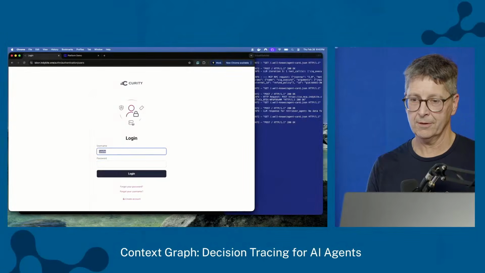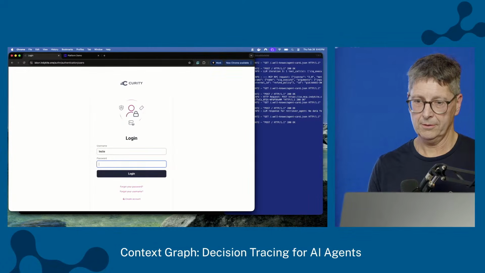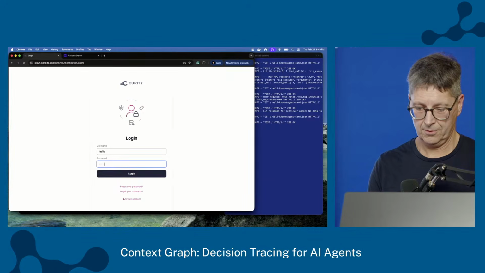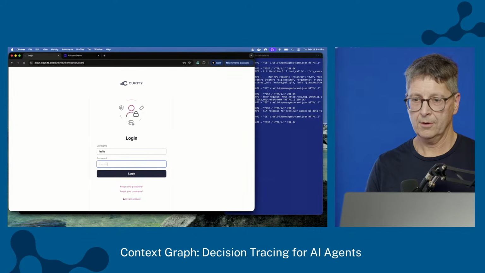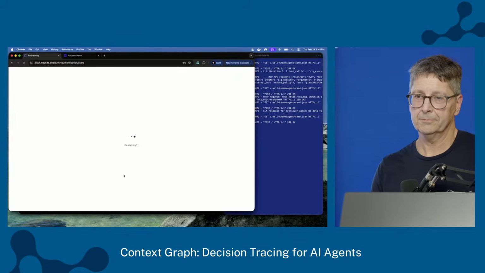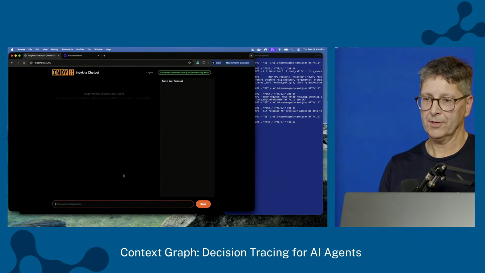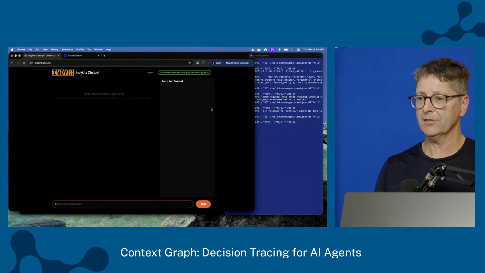And here you can see this is Curity. So Leslie's logging in and getting bounced out to Curity. Okay, Leslie's logged in.